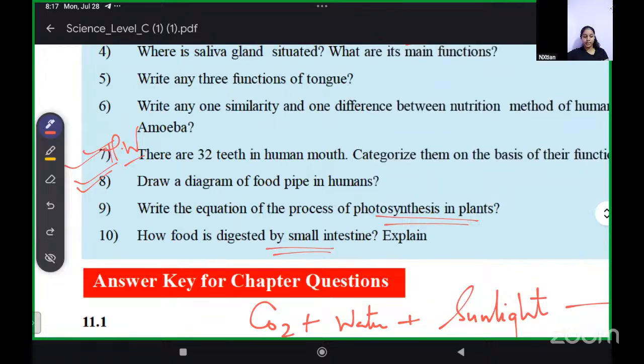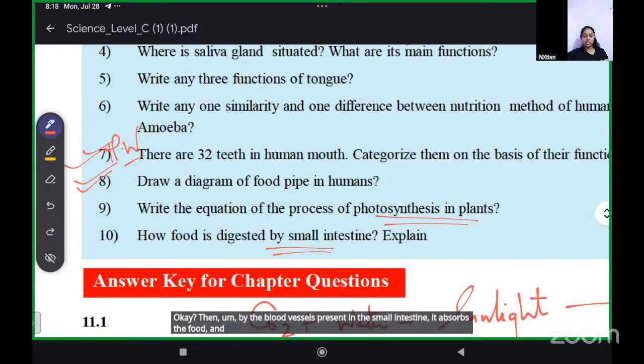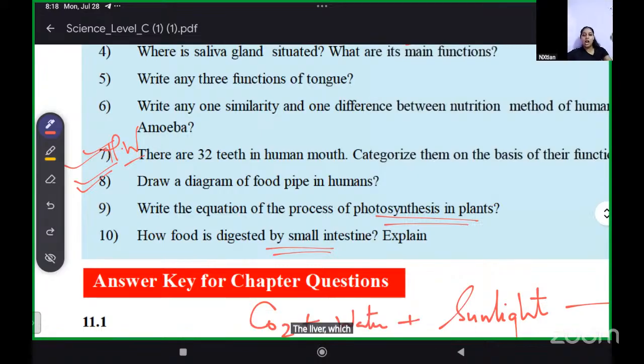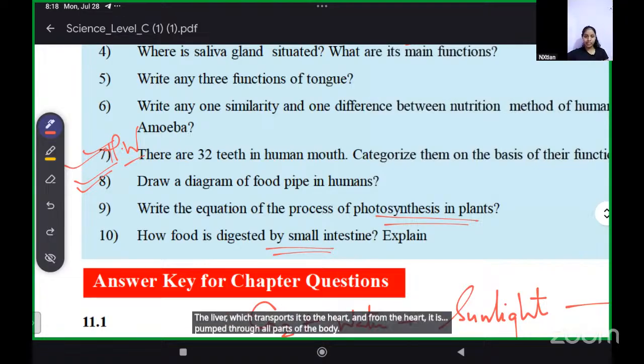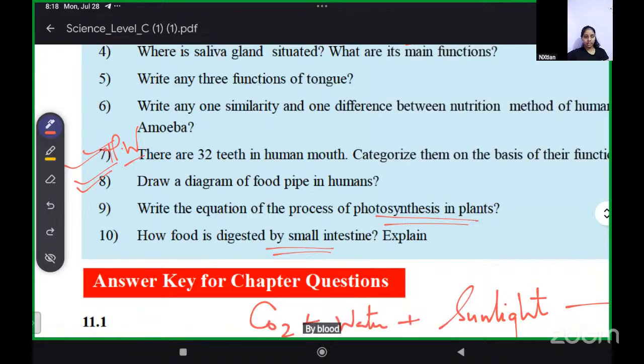The whole process where the food goes in the small intestine. Okay. Then, by the blood vessels present in the small intestine, it absorbs the food, and then the blood vessels take that food to the liver, which transports it to the heart, and from the heart, it is pumped through all parts of the body by blood. Okay, that is one thing.